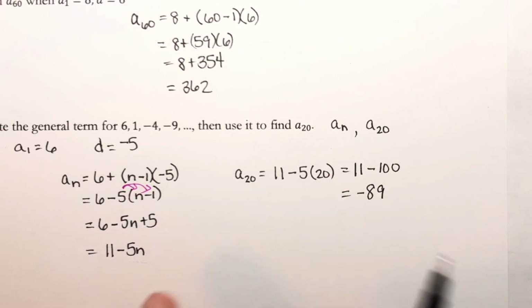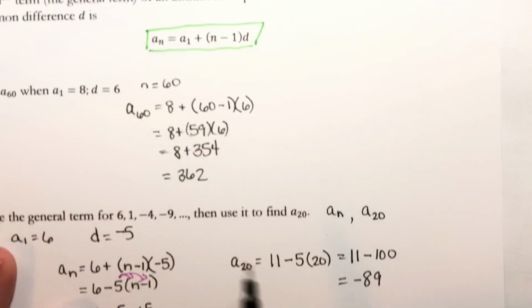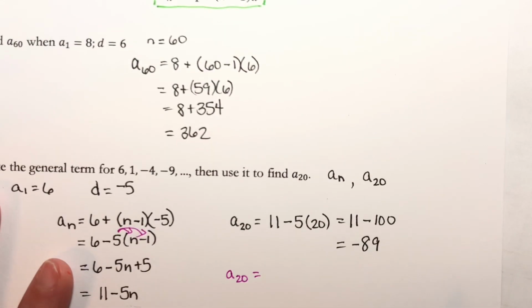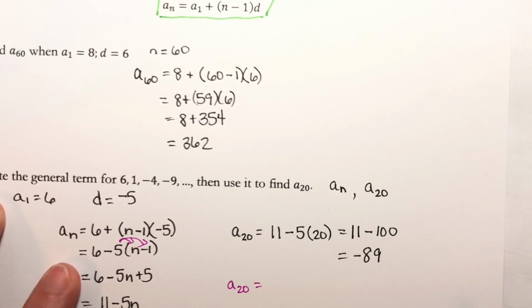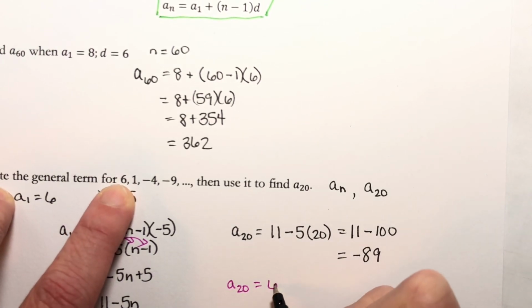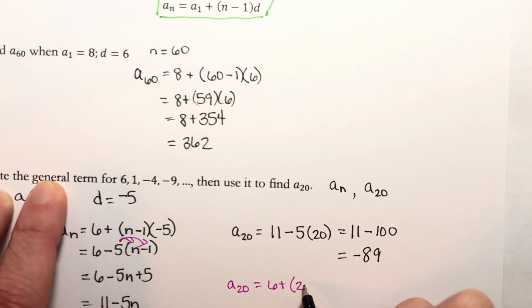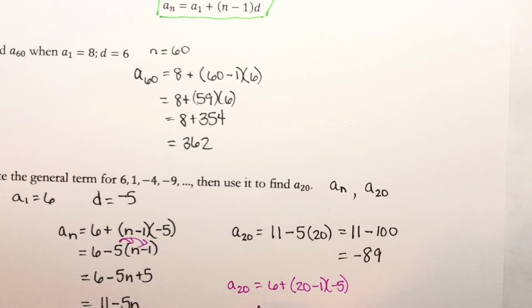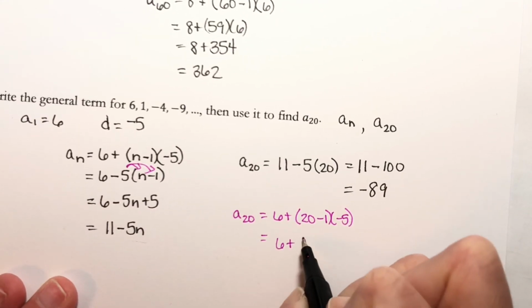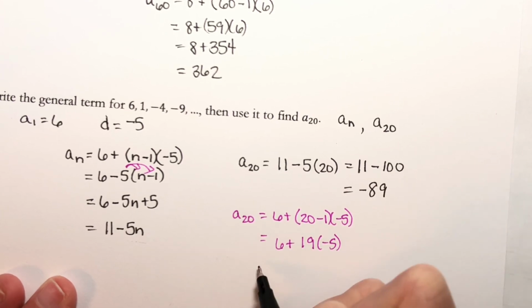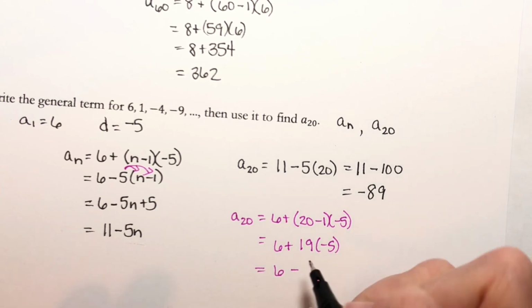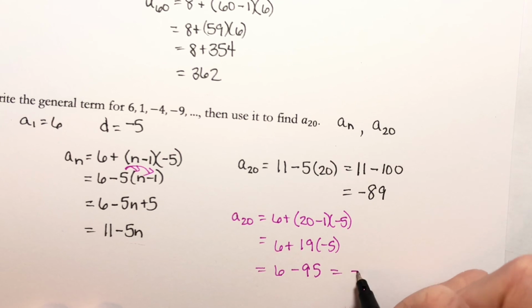And just to make a point, I could have used this again right here. If we had gone back to the formula before we simplified it, I would have A sub 20 is equal to, I can barely get them on the same screen, okay, 6 plus 20 minus 1 times -5, which would be 6 plus 19 times -5, which would be 6 minus 95, which is -89.